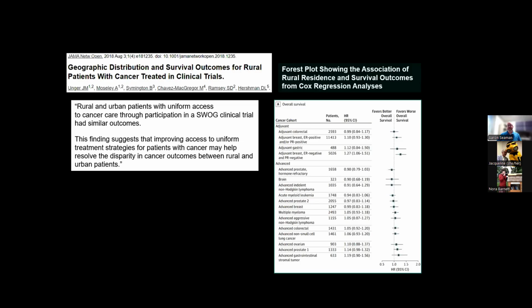This finding suggests that improving access to uniform treatment strategies for patients with cancer may help resolve the disparity in cancer outcomes between rural and urban patients.